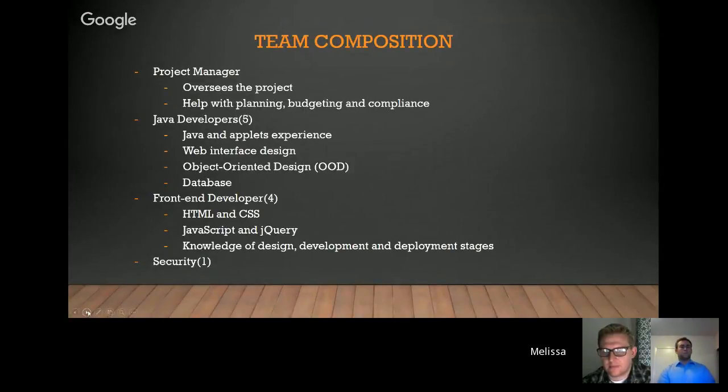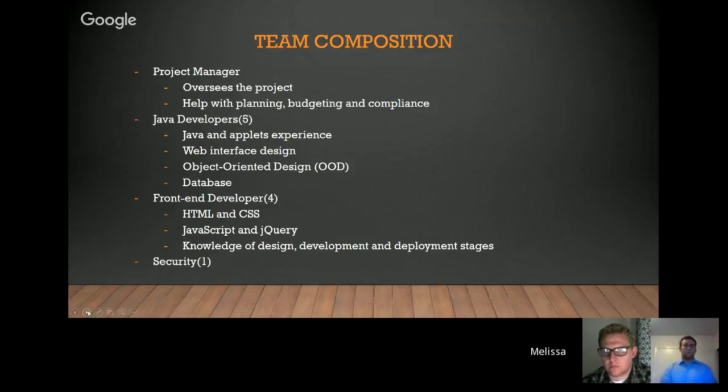Our team composition will consist of a project manager who will oversee the project, help with the planning, the budgeting, compliance, things of that nature. Then we'll have 5 Java developers. They will oversee the Java applet experience, the web interface, the object-oriented design, and the database.